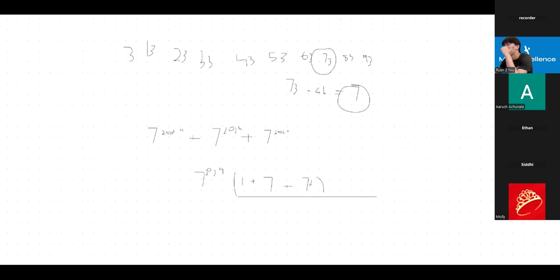So 1 plus 7 plus 7 squared is 57. And we can figure out quickly that 57 is divisible by 19 since 19 times 3 is 57. And since that is divisible by 19, so is the entire expression. So this leaves a remainder of 0 when divided by 19.